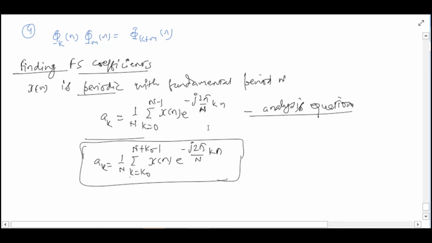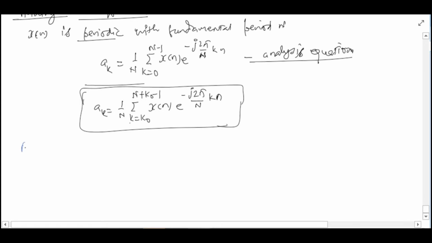Let's see an example. Consider x[n] equals 1 plus sine of 2 pi by 10 n plus cos of 4 pi by 10 n plus pi by 4.